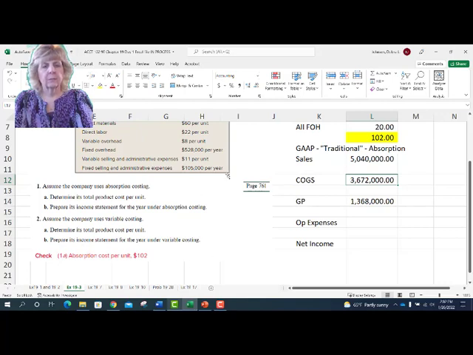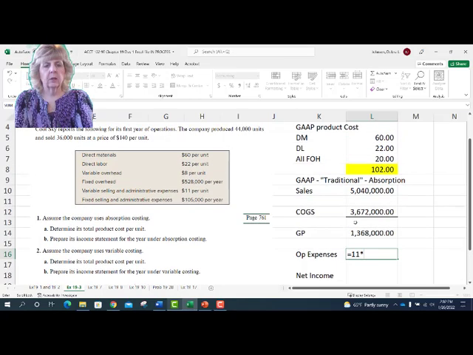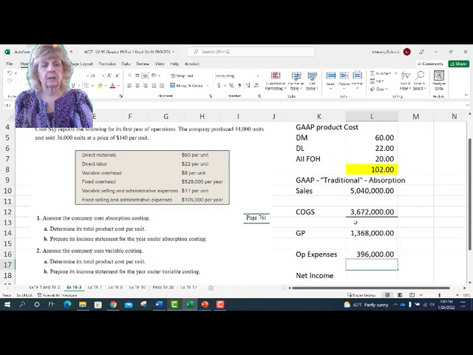Then our operating expenses were given at $11 variable selling and administrative and fixed selling and administrative. So I'll calculate those two separately just for ease of understanding. $11 per unit. This is a selling and administrative expense. We would multiply that by the units sold. I believe that was 36,000. And then in addition to that, fixed selling and administrative expense would be 105,000.